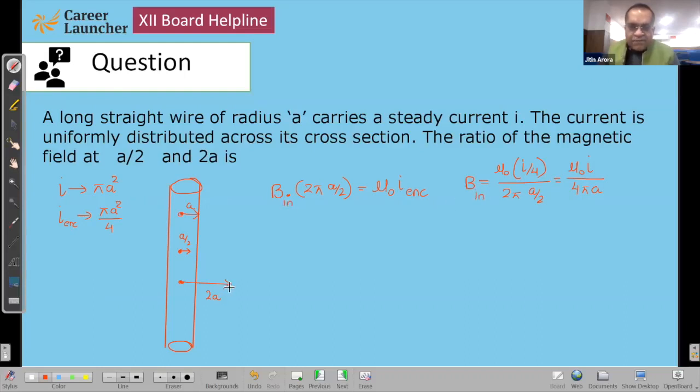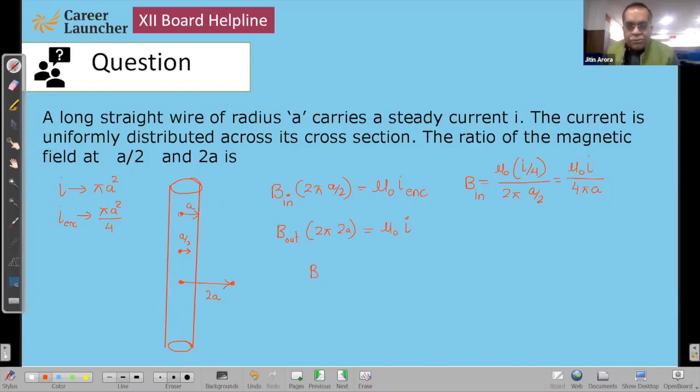अब हम दूसरी मैग्नेटिक फील्ड यहाँ पे निकालते हैं, विच इज बी आउटसाइड. सो बी आउट इनटू 2 पाई 2a, that is B dot dl is equal to mu naught times I enclosed में पूरा ही आ जाएगा.